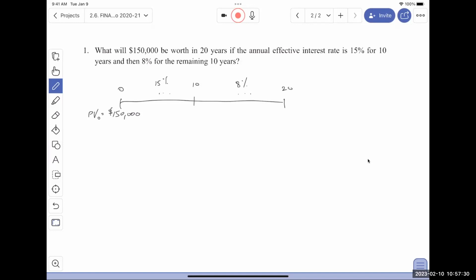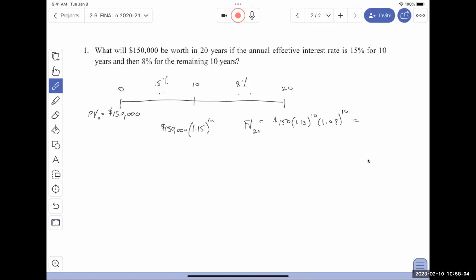So you're going to see that it's 150 for 10 years, and then from here it grows at 8% for 10. And that's the answer. You need to plug that in. So this is the future value at 20.